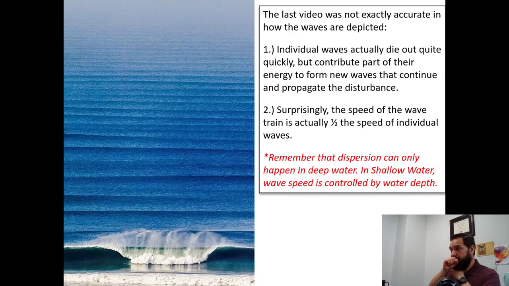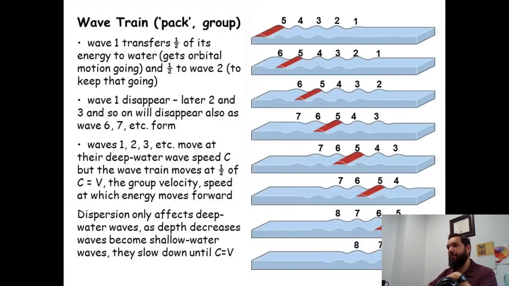Actually, the way that waves propagate through the ocean is that a single individual wave is really only alive for a short period. And what happens is that waves constantly die and then new waves form. So every time a wave hits its crest, half of its energy goes to creating a new wave. And as it moves along, it dissipates by half, by half, by half, by half, till it dies out.